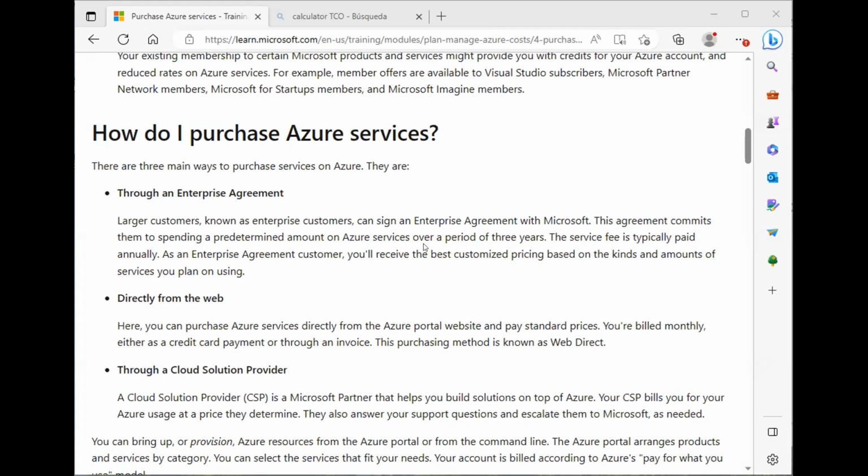Here you can purchase Azure services directly from the Azure portal website and pay a standard price. You're billed monthly, either as a credit card payment or towards an invoice. This purchasing method is known as web direct.